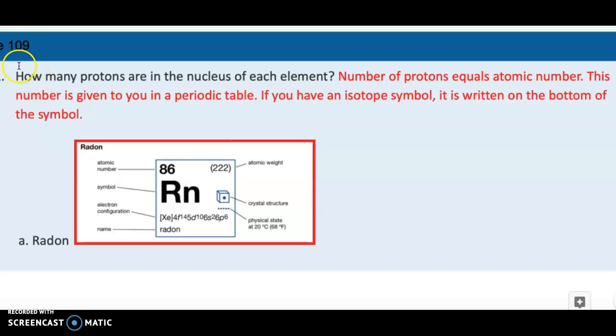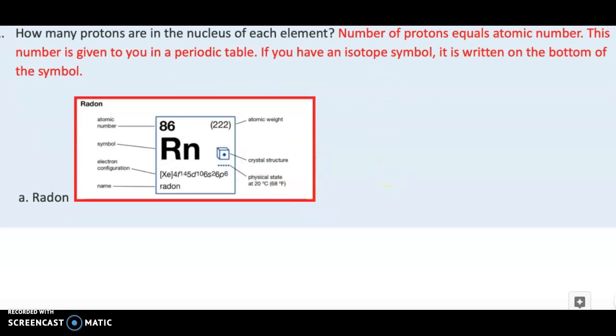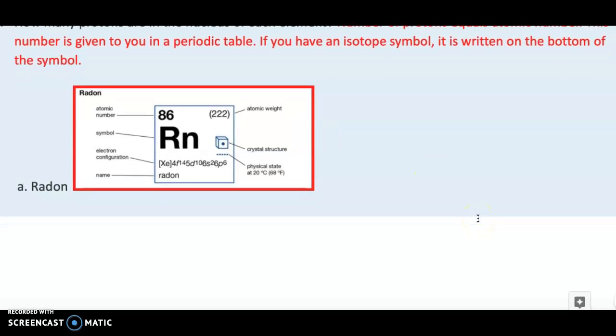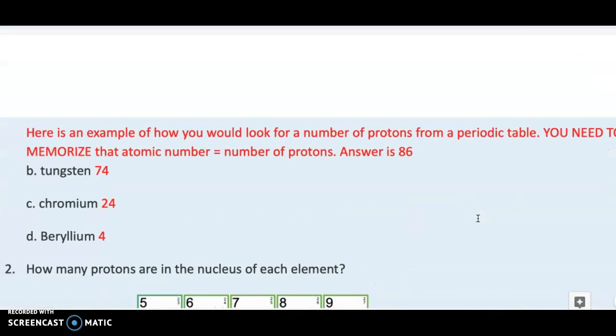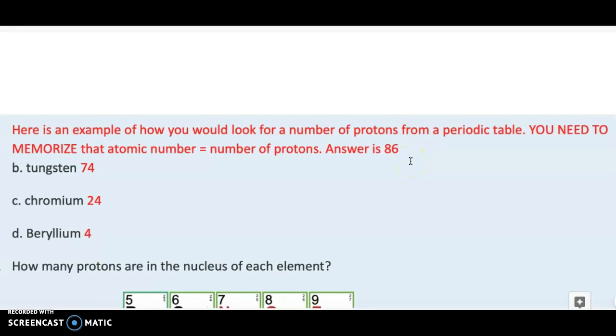So what is the question on page 109? How many protons are in the nucleus of each element? And as an example, A, you have an element, radon, and it has atomic number 86. Therefore, the answer is 86.